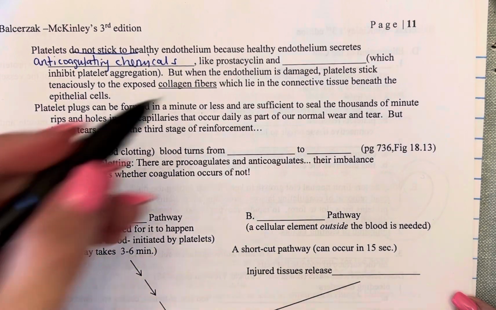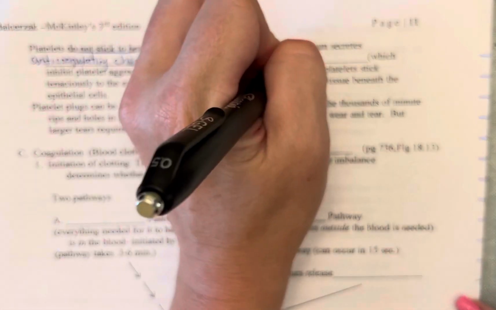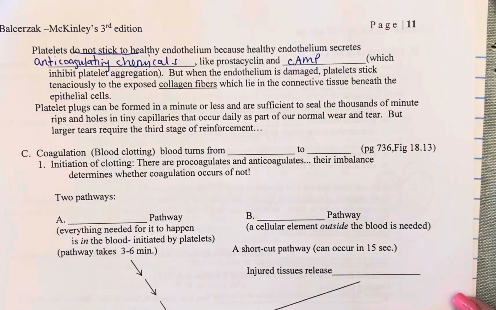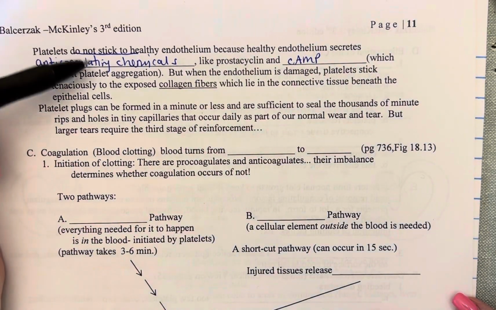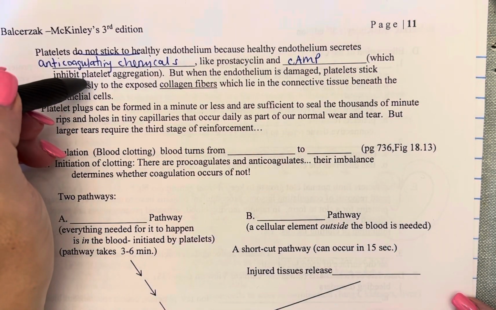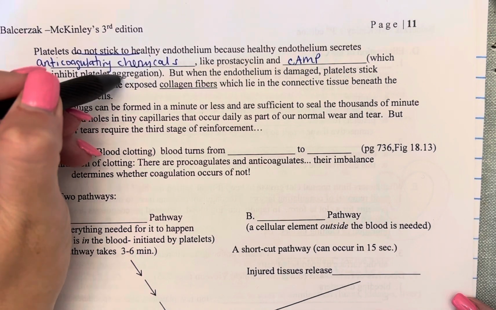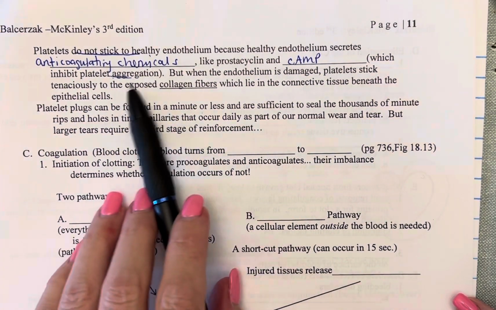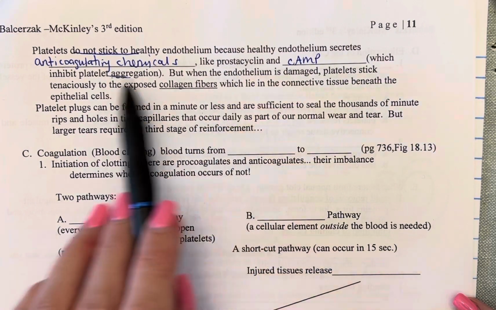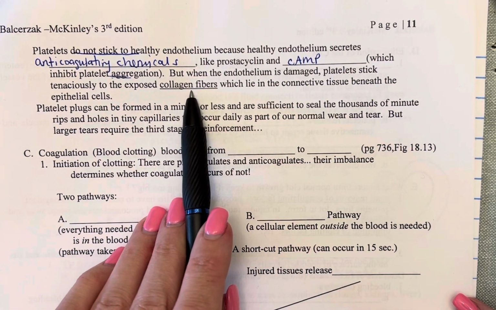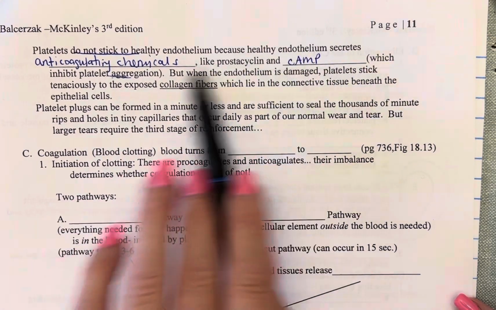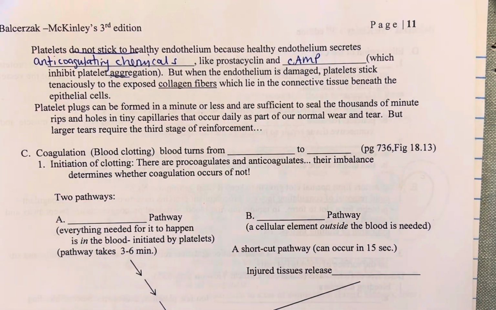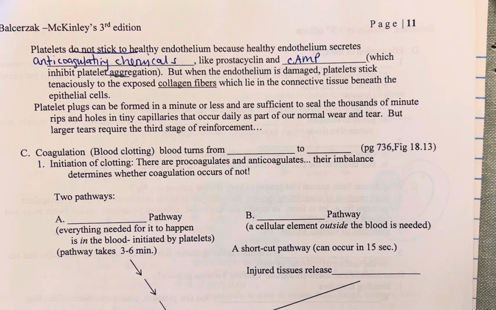So this would be like prostacyclin and cyclic AMP. What these do is they inhibit platelet aggregation, so they keep platelets from sticking. Now, when it's damaged, the platelets are going to stick to the collagen fibers. When it's healthy, we've got stuff that says keep passing on by. So it forms this really smooth surface that nothing really wants to stick to.